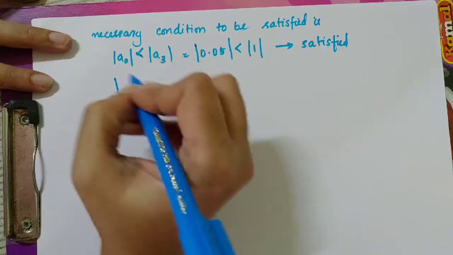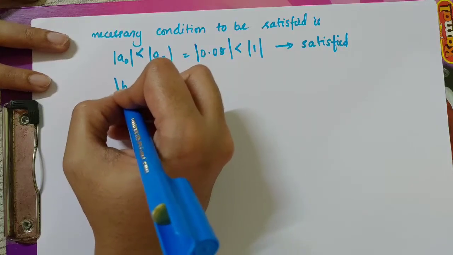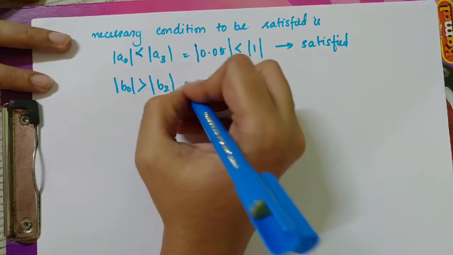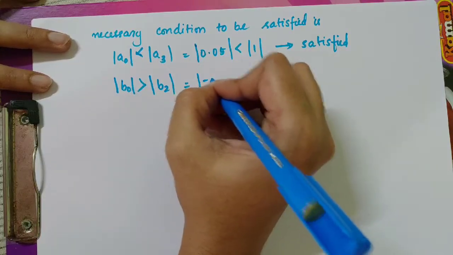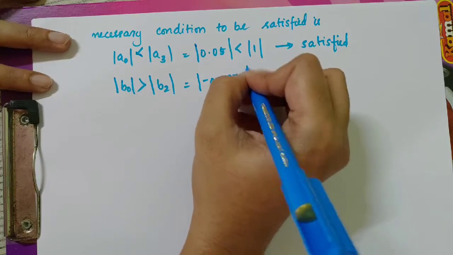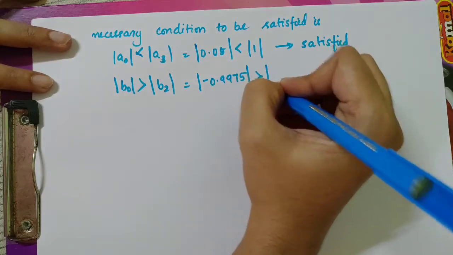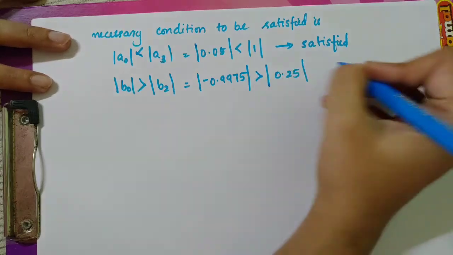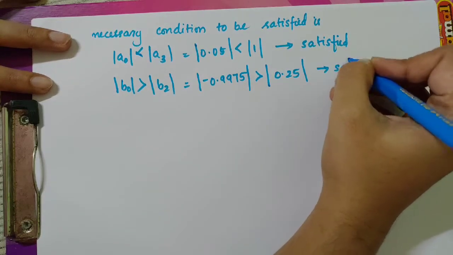Now the next condition is mod B0 should be greater than mod B2. That is mod minus 0.9975 should be greater than mod 0.25, and this is also satisfied.